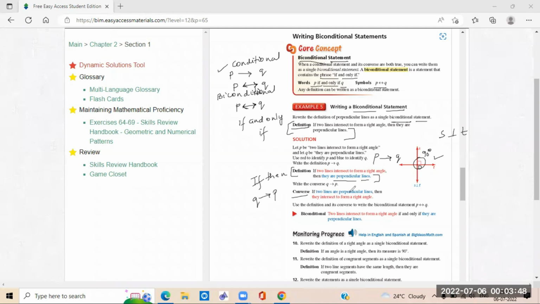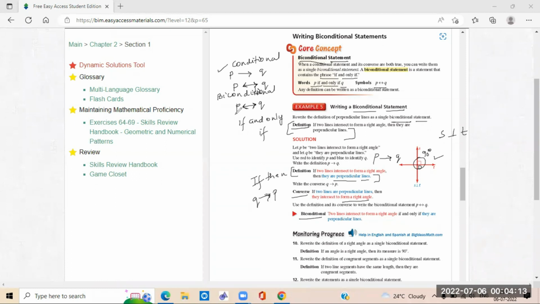That is, if two lines are perpendicular lines, then they intersect to form a right angle. That is, you are interchanging the hypothesis and the conclusion. Q is taking the place of P and P is taking the place of Q to write the converse, Q implies P. Now, after writing the definition, the conditional and the converse statement, we can go for the biconditional statement.